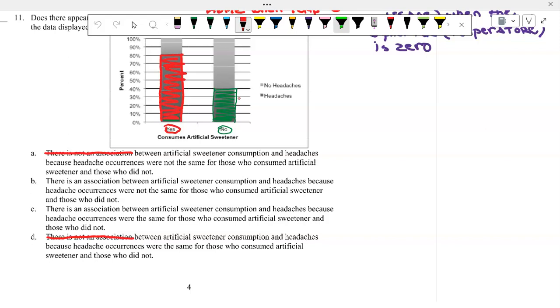That's true because the boxes are different sizes. So you're looking for boxes that are not the same, and that tells you there's an association.